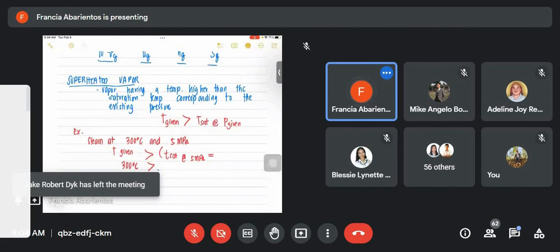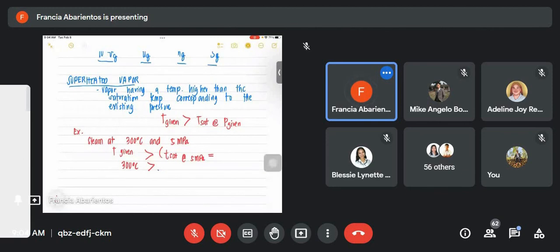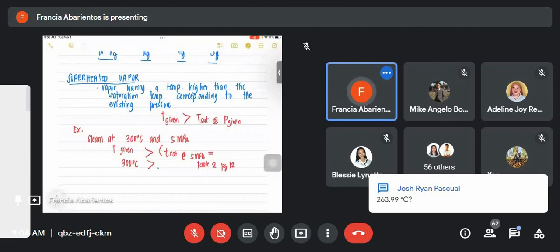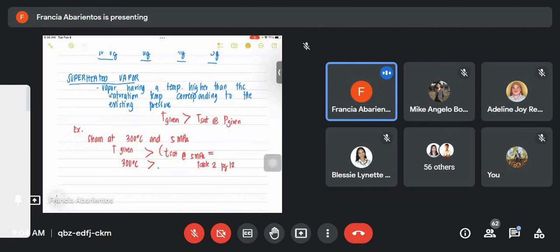Pupunta tayo sa table 2. Punta kayo sa table 2, page 12. What is the saturation temperature? Anyone? Ayun. Okay, tama. We have 263.99 degrees Celsius.